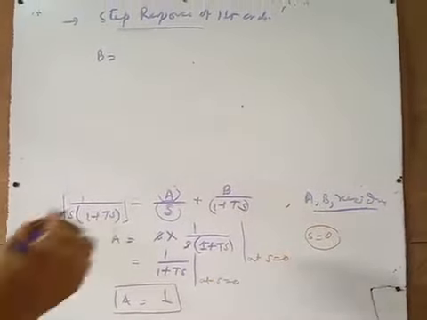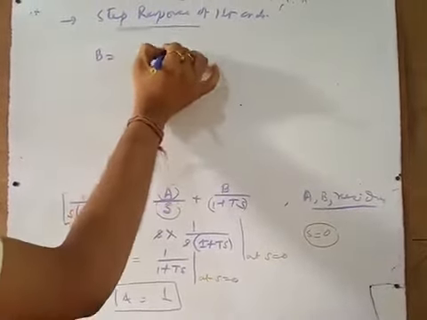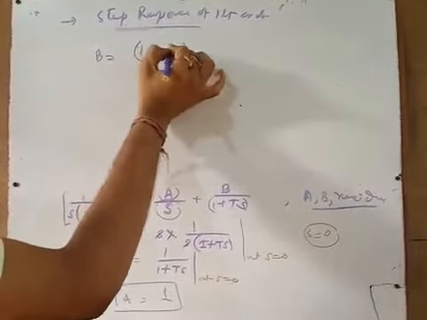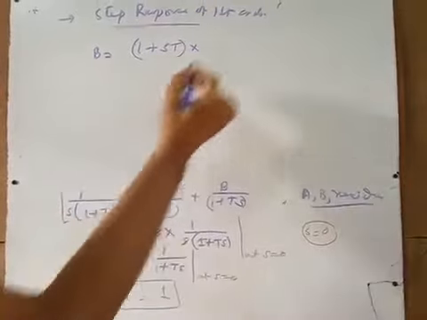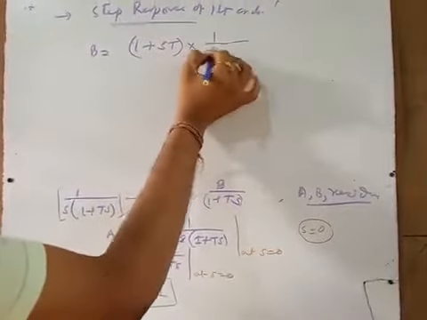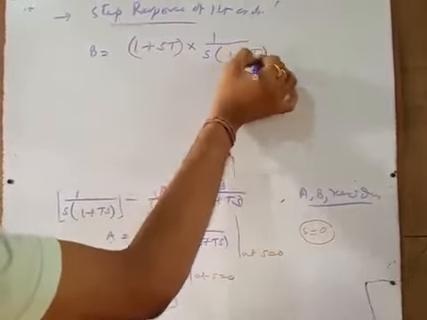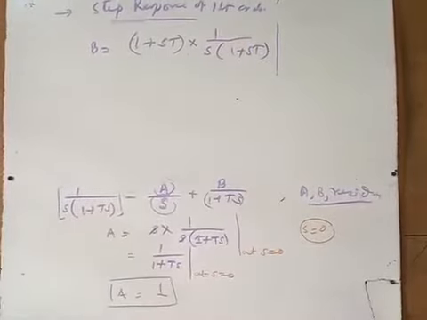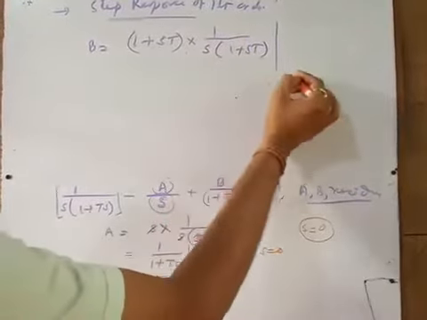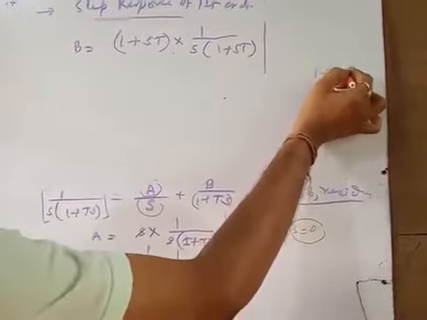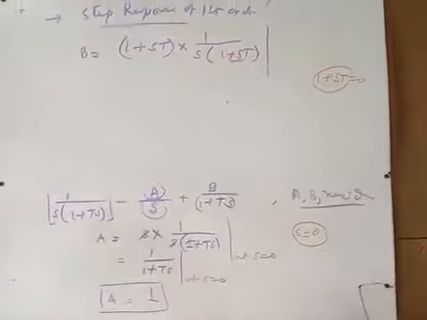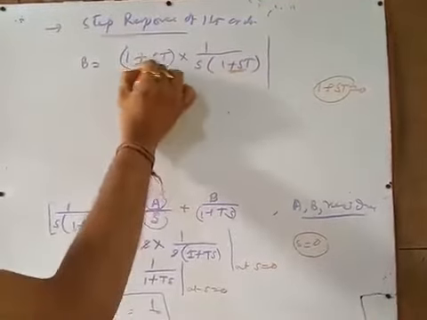The procedure is that you have to multiply 1 plus ST into the complete left hand side function. That means 1 by S into 1 plus ST, and that is to be calculated at the value of S where 1 plus ST equals 0.